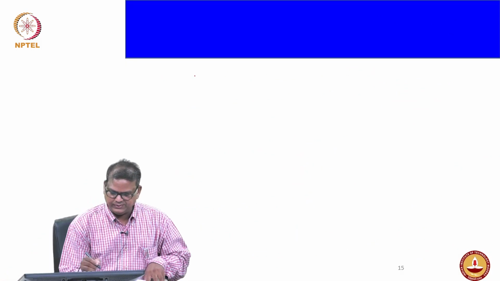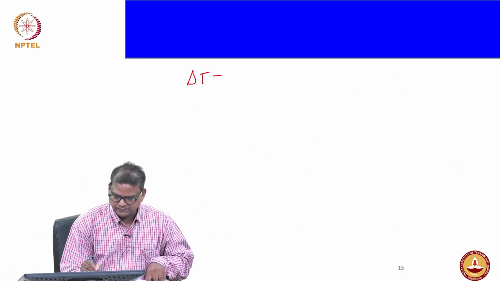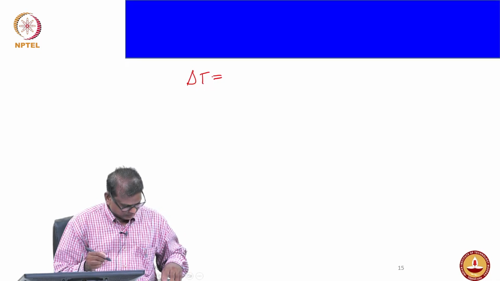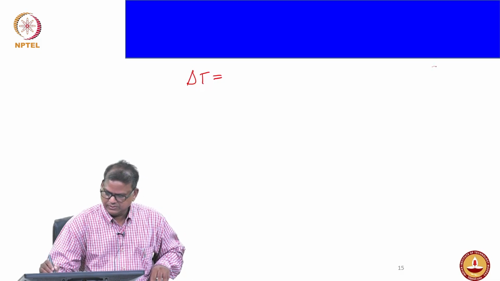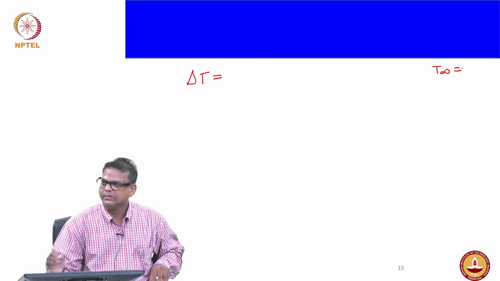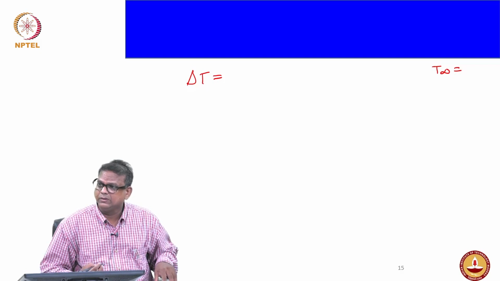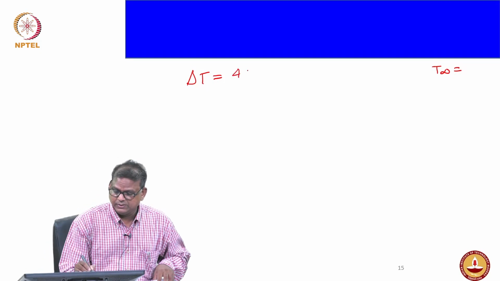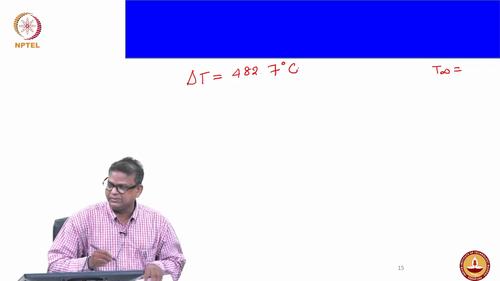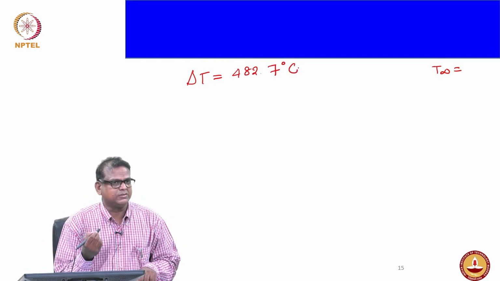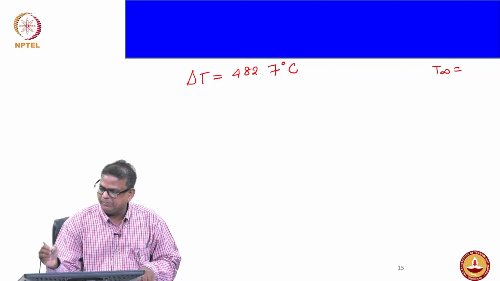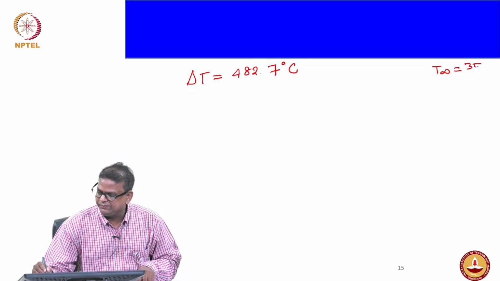Can you find out delta T? Delta T please. 4.7. Okay, this many degrees Celsius. So you can assume the ambient temperature, right? Ambient temperature I can choose as 35 degrees Celsius.